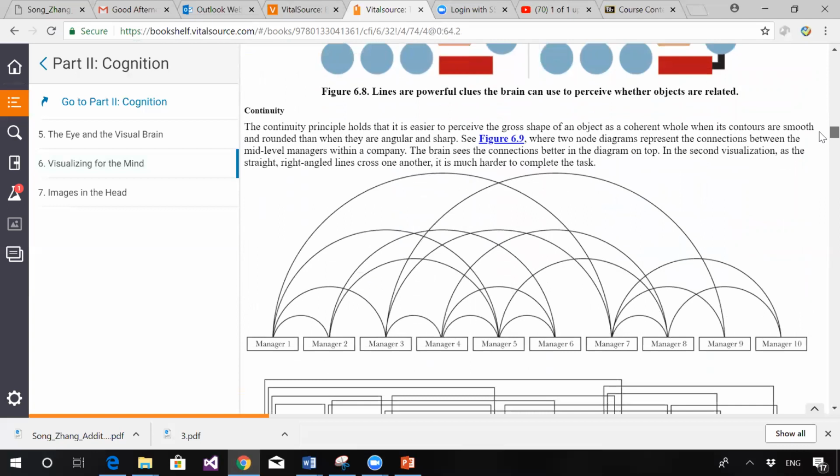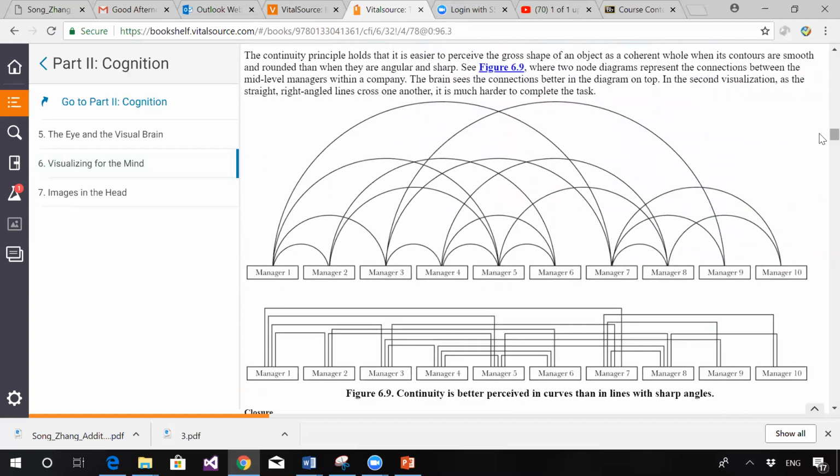The next method mentioned here is continuity. It illustrates how to connect things together, but it prefers connections without a lot of angles, which are smooth. This makes it easier for us to identify the manager. 1 is connected with manager, 2 is connected with manager, 5, like that.